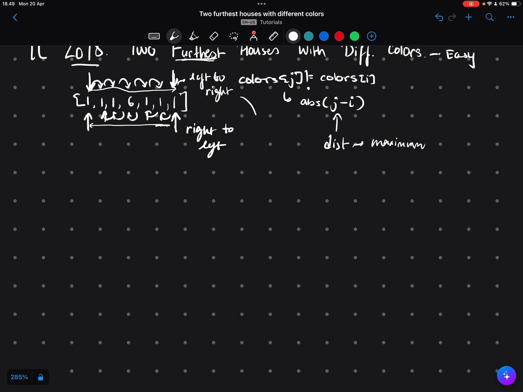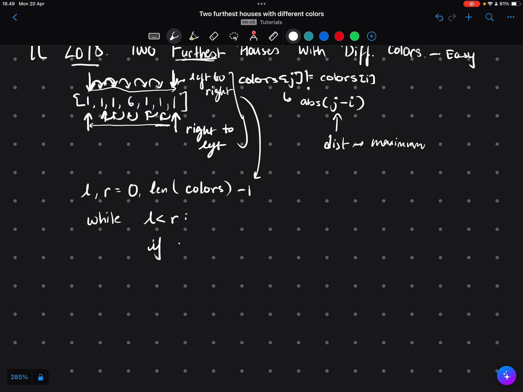If I wrote this out plainly in code, this algorithm going left to right, we would let L be 0 and R be the length of colors minus 1, sorry. Left to right, we are going to increase our left, remember that.